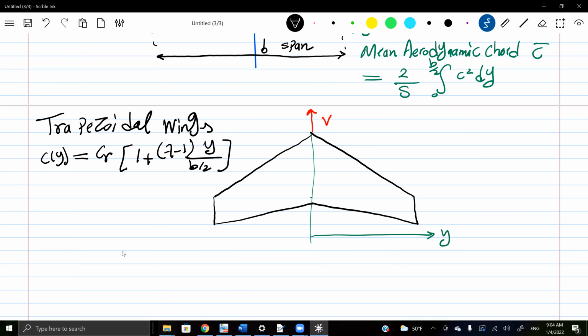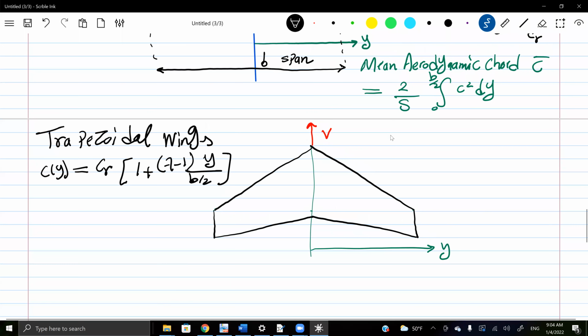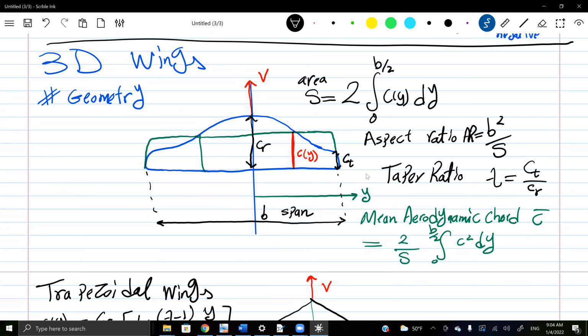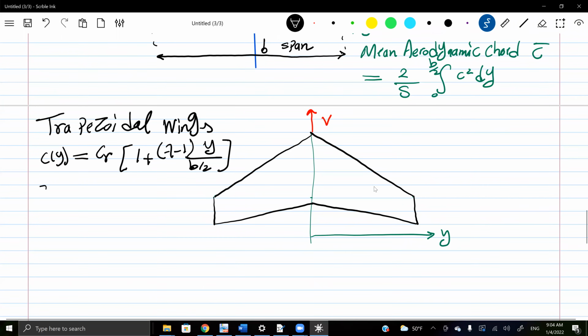If I have this variation for the chord as a function of y, and I plug it in to get the area, the c bar and all these things, here are the results. It's straightforward. Alternatively, this is the area of a trapezoid, so it's not that difficult.